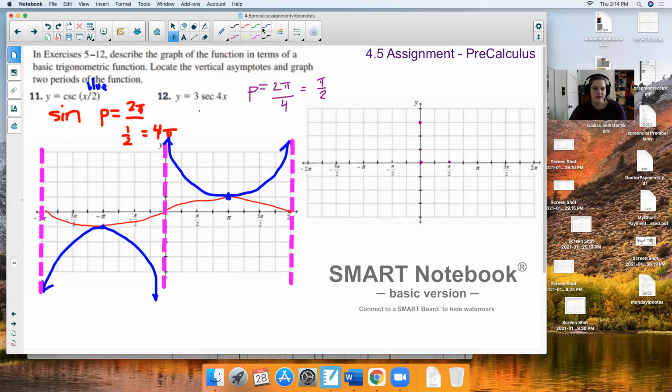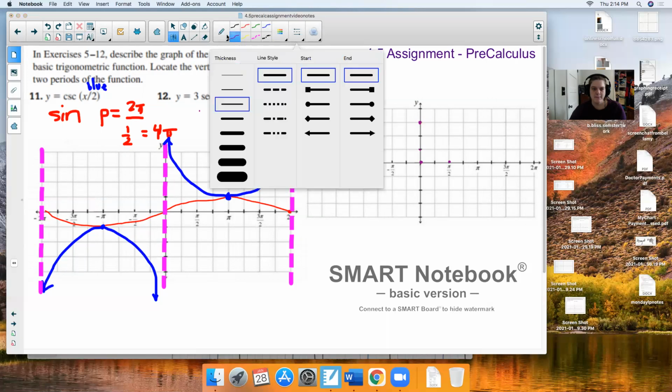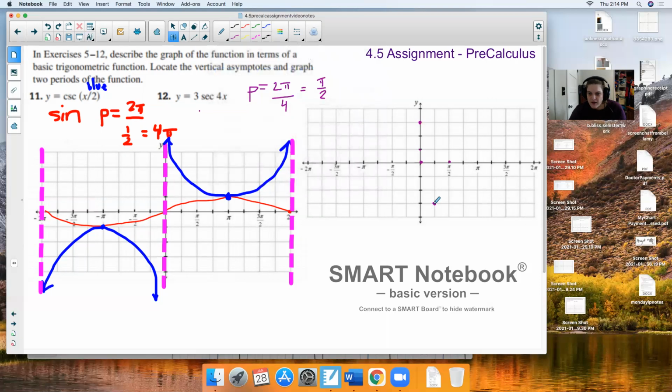And then it's going to go down to 3 as well. And then back up. So we're going to have this entire thing within a pi over 2. And then since it wants 2 periods, we'll do it again to get up here. So down and through, back down to 3, up and through and up.